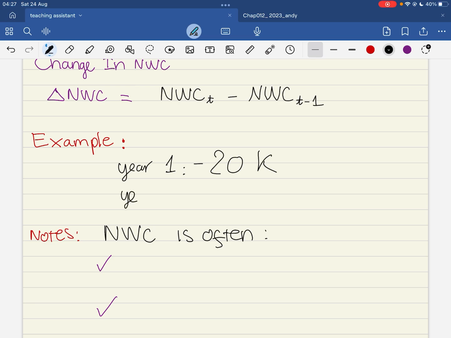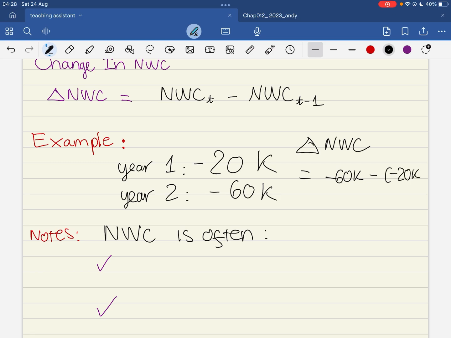And then in year 2, you invest another minus $60,000 for a project. So the change in net working capital, denoted by delta NWC, is going to be equal to minus 60k minus minus 20k, and the difference is minus 40k.